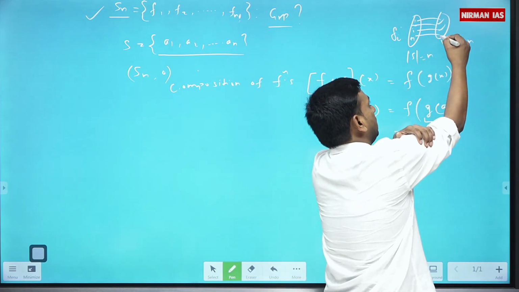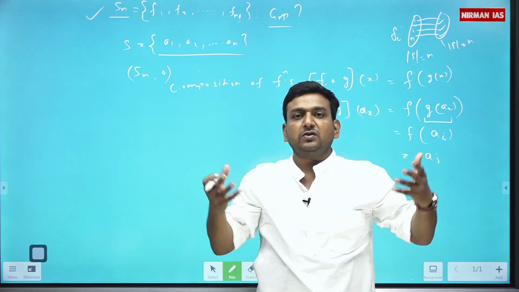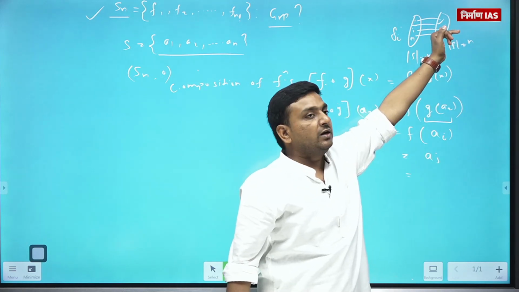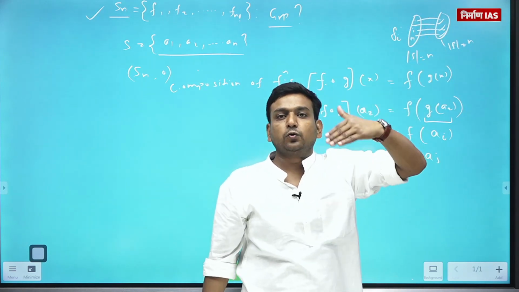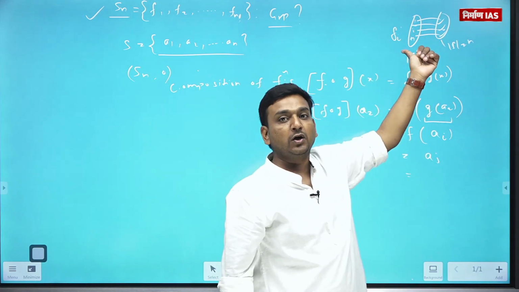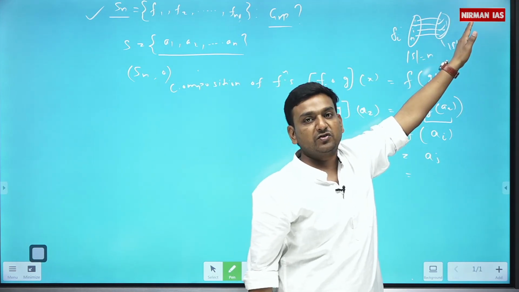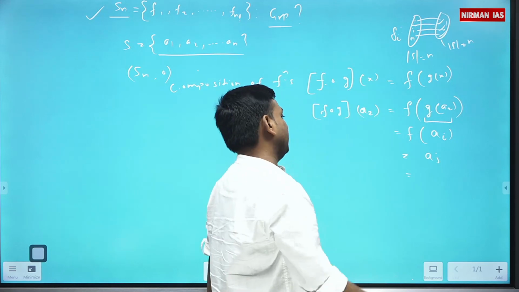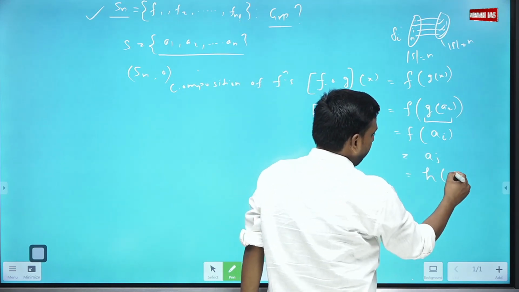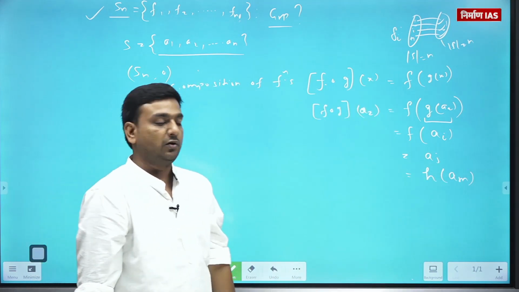Any element of this codomain is definitely going to be the image of some element, because it is onto, meaning there is no element left which is not an image under that function. So it is the image of some element under h.